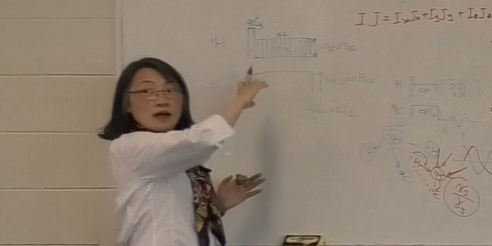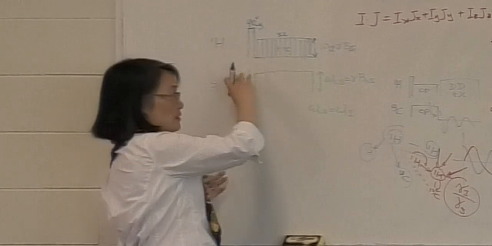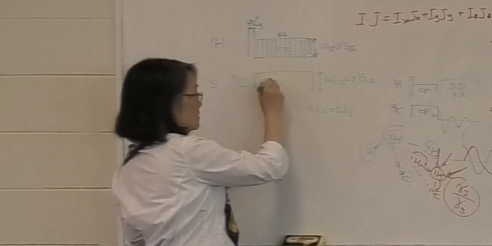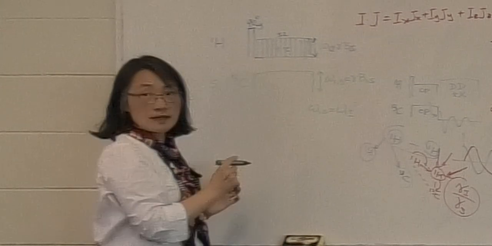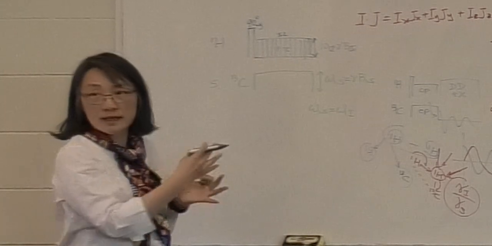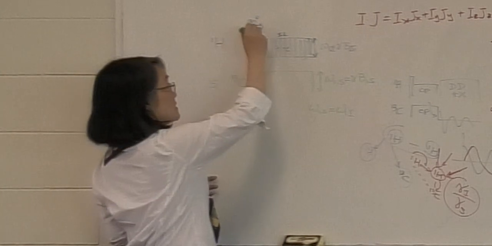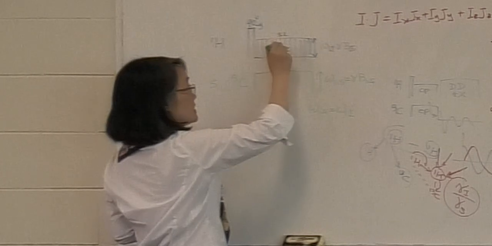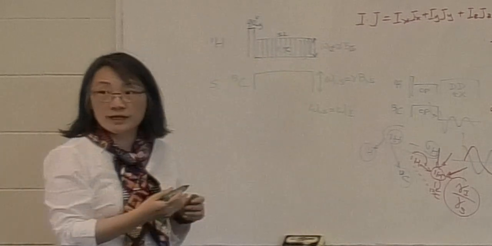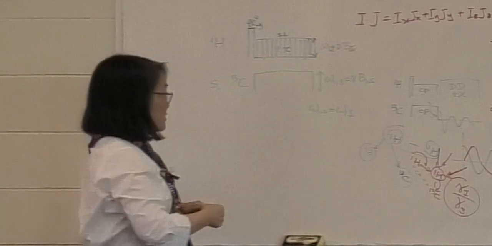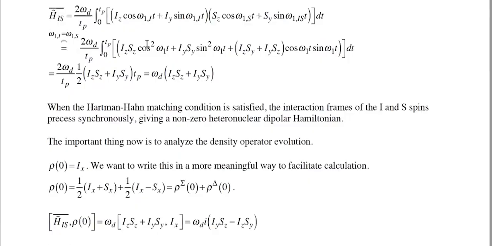It's decoupled, a separate consideration from what happens on the proton side. So this can be anything, but the proton side has to be a spin lock. And so if you started out with a 90-degree plus minus Y, you really have to do either plus X or minus X. And usually we phase cycle to be both directions. So this is what happens at the condition for cross-polarization to actually work.